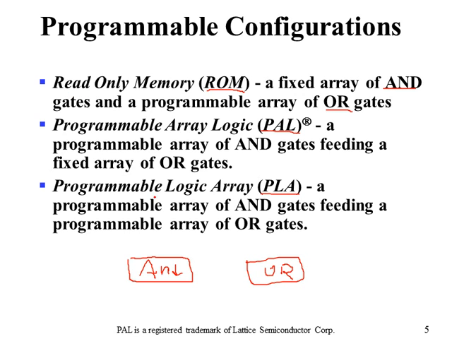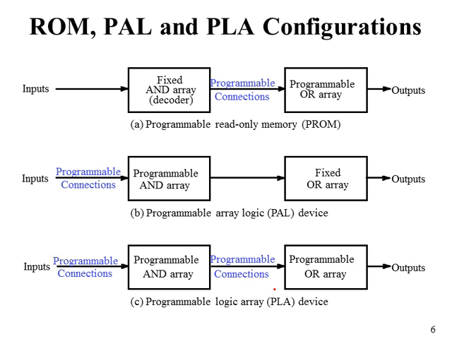Read-only memory has a fixed AND array, and the OR part is programmable. Meanwhile, programmable array logic, PAL, has a programmable AND part and a fixed OR part. The last one, PLA, programmable logic array, lets you program both the AND part and the OR part. So depending on which part you can program, we have three types of configuration.